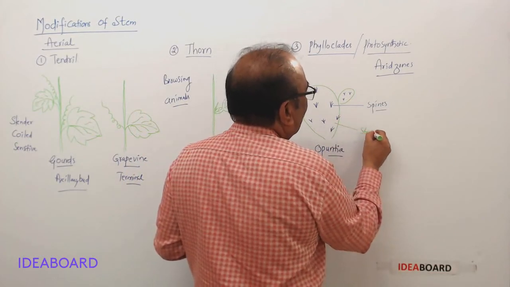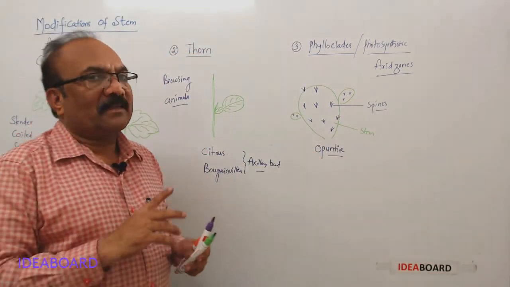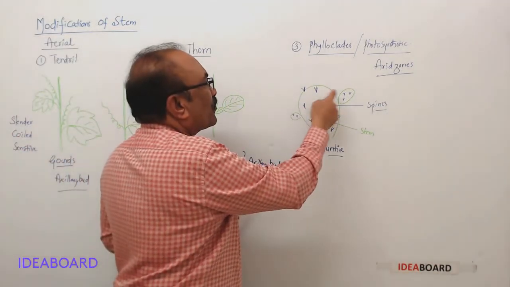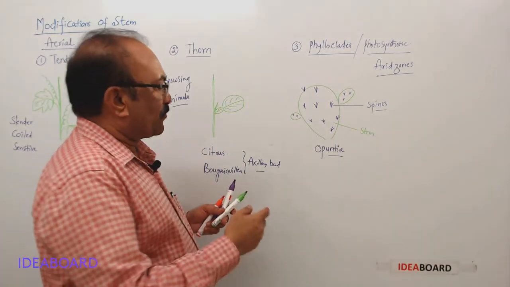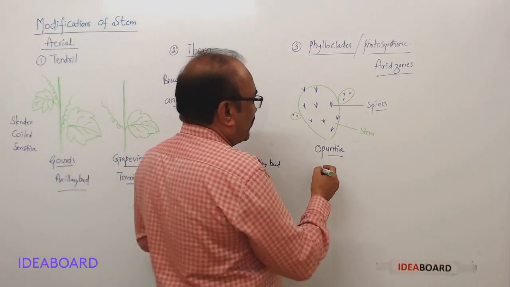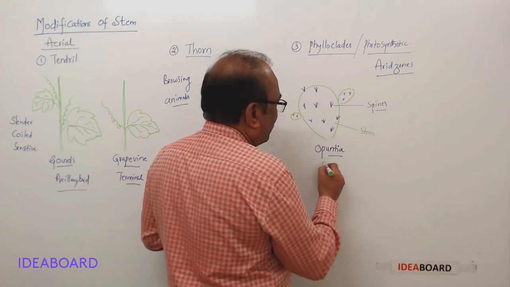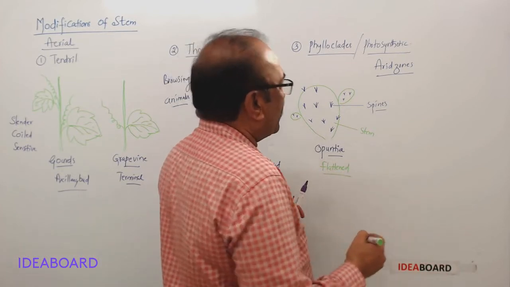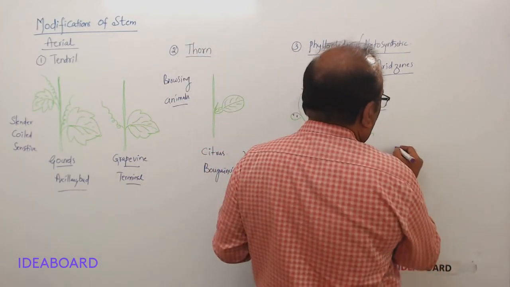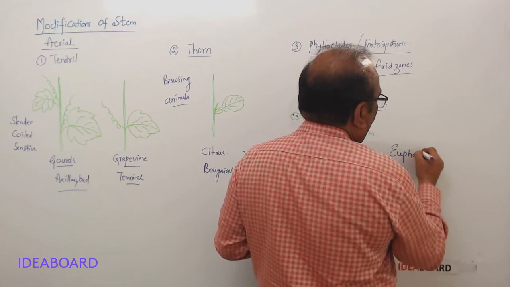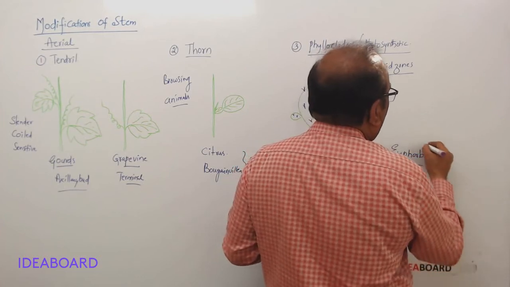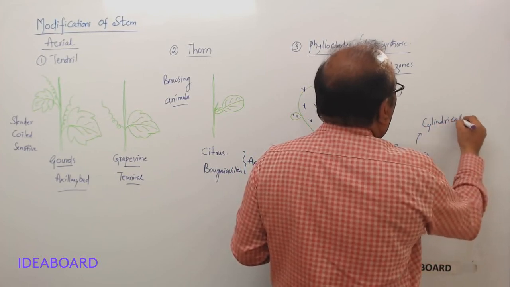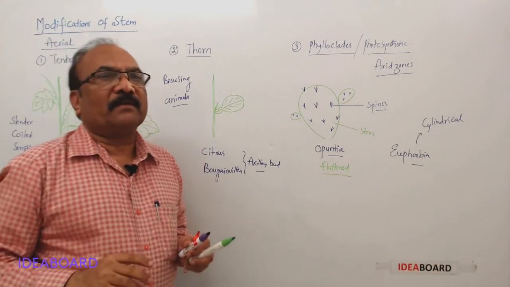This is stem only, and generally many people mistake that for a leaf. That is not the leaf. These are the leaves which are modified into spines. And of course, just remember in Opuntia they are flattened phylloclades, and in another plant, Euphorbia, you will find cylindrical phylloclades.